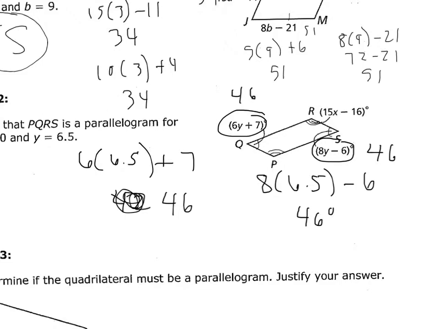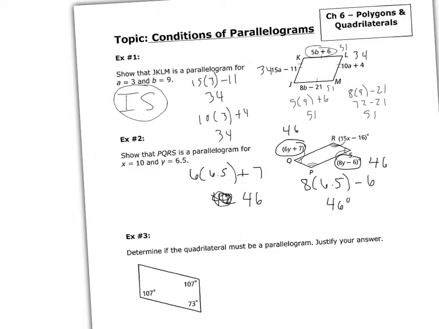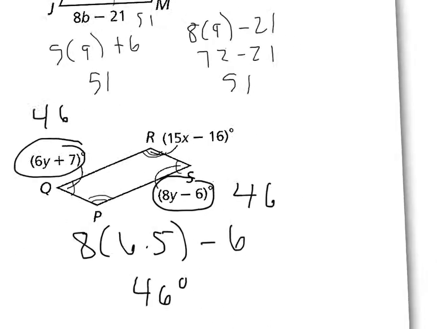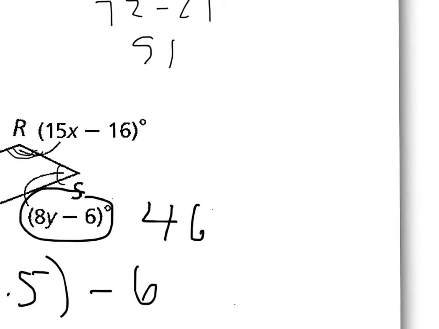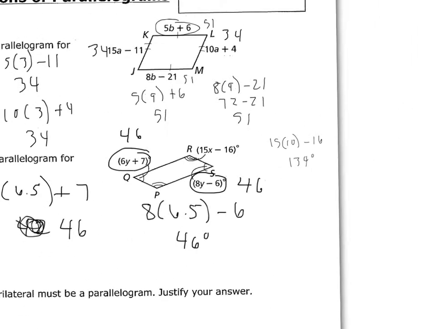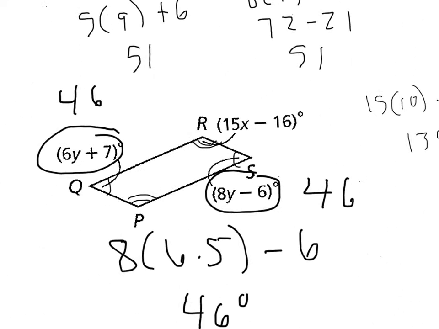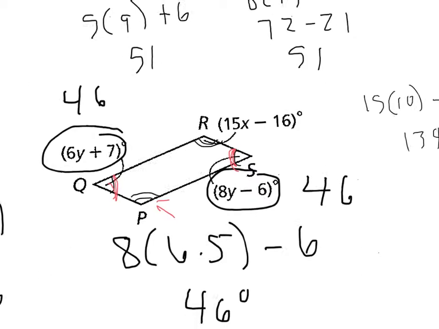Since both of those are congruent, we can move on to the x's, and we know that x is 10. So we're going to use it with our 15x minus 16. So 15 times 10 minus 16, and 15 times 10 is 150 minus 16. That's going to give us 134 degrees. Now, we don't have an opposite angle for the x's, so we need to decide it some other way.